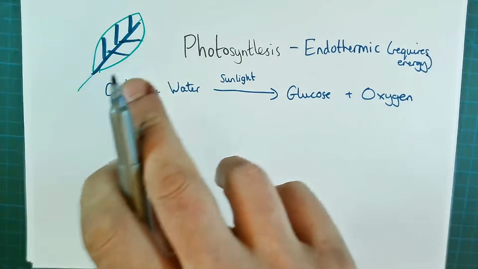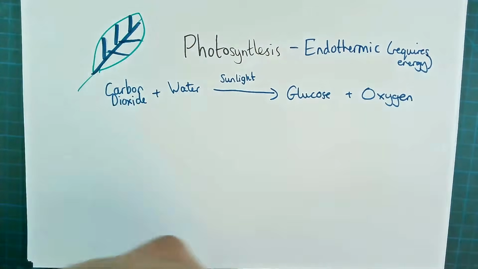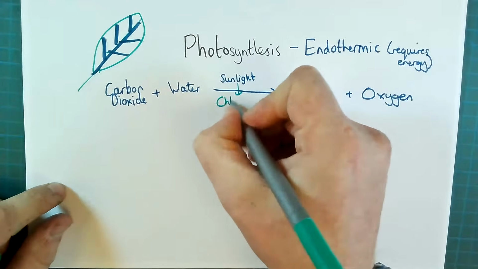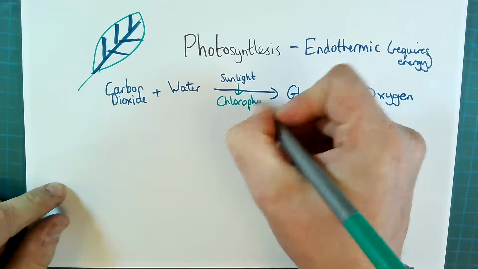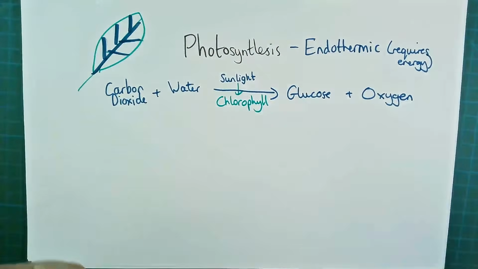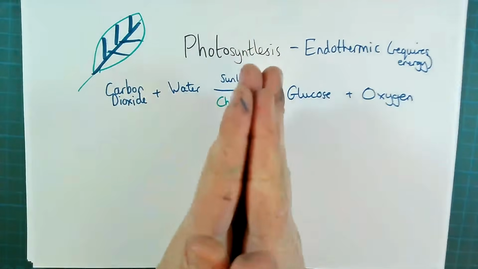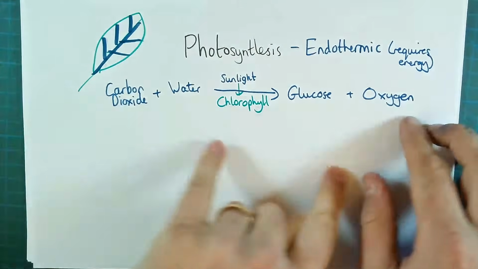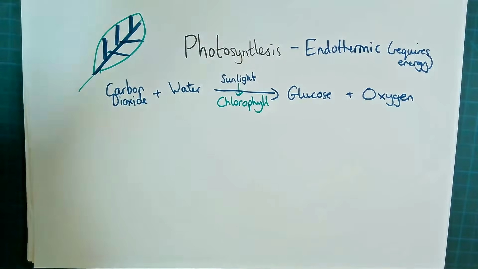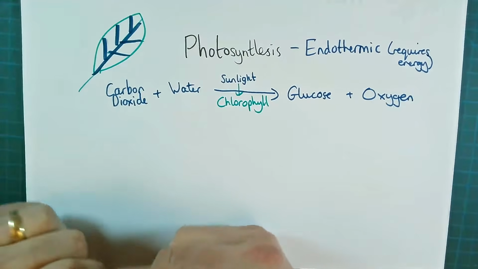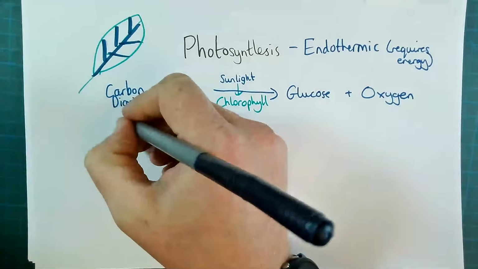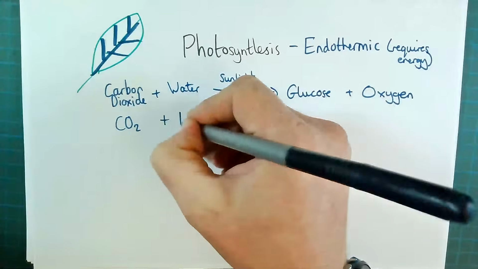To harness that energy, we need chlorophyll. And this is why plants are green. With that chlorophyll, we absorb that sunlight, and this makes that happen. Now, I haven't really seen Foundation papers ask for the balanced formula version.